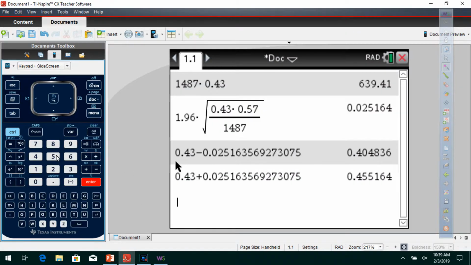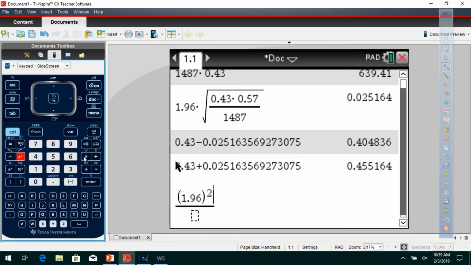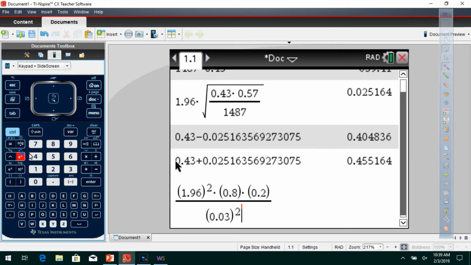Okay, let's put that in our calculator and see what we get. 1.96, close parentheses, squared, times 0.8 times 0.2 over 0.03 squared.